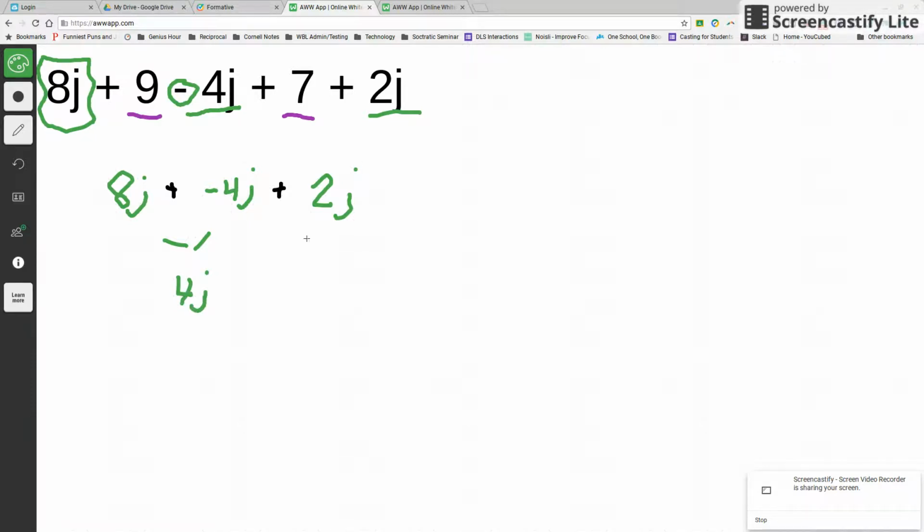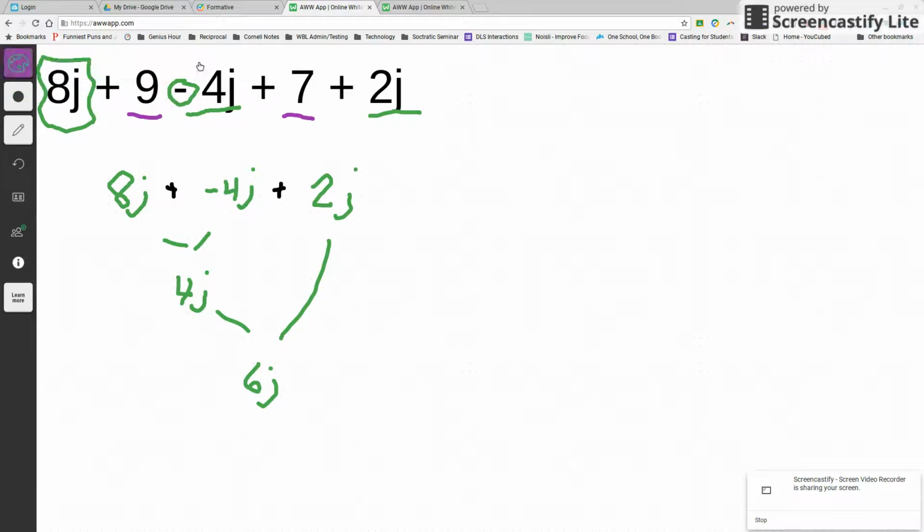All right, but I still have this one left over. Now with that number, which was 8j plus negative 4j, we have 4j, plus 2j. Boom, if I put that together, I have 6j total. So I combined those 3 spots that had that same variable together to get 6j after it's all said and done.